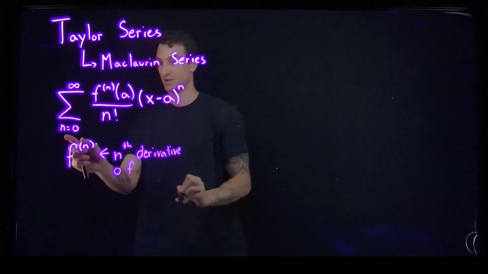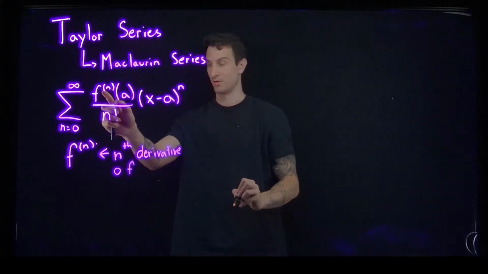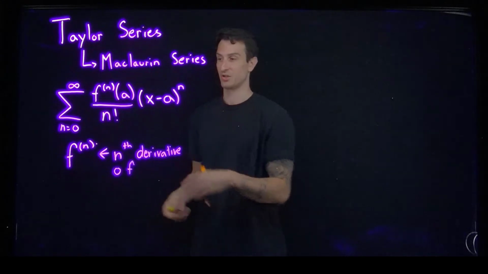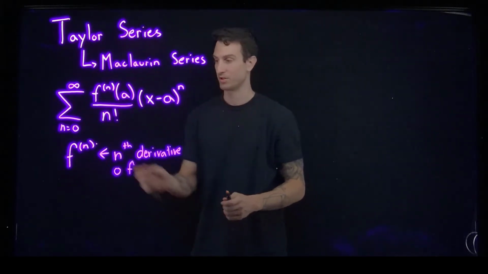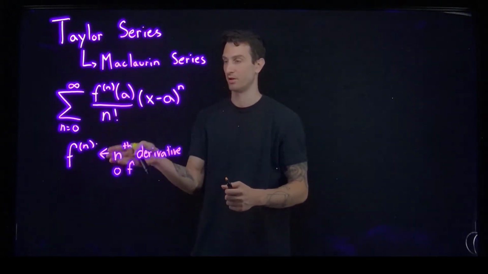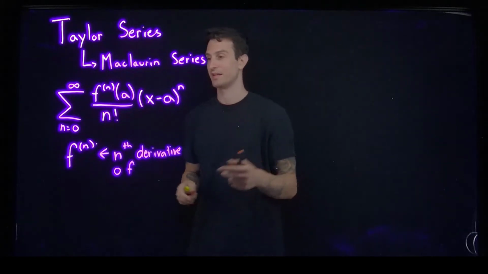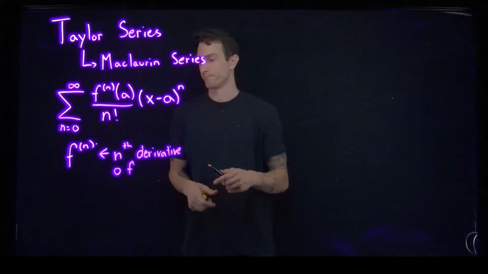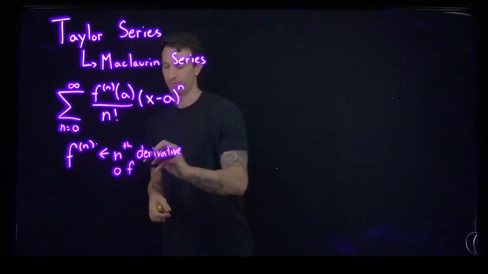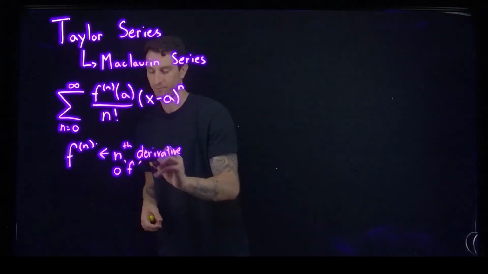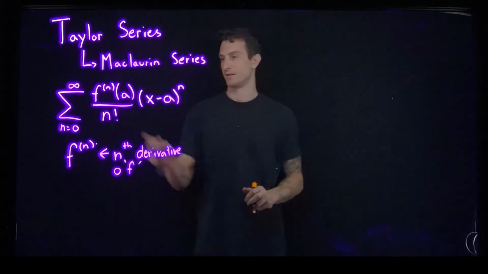So you can imagine if I plug a 0 in, well, that's the 0 derivative, that's just the starting function. If I plug in 1, that's the first derivative. If I plug in 2, second derivative, etc., of f. So that takes care of that.